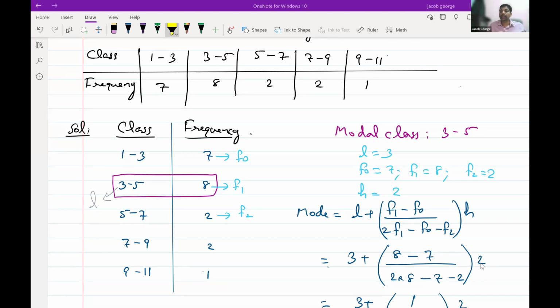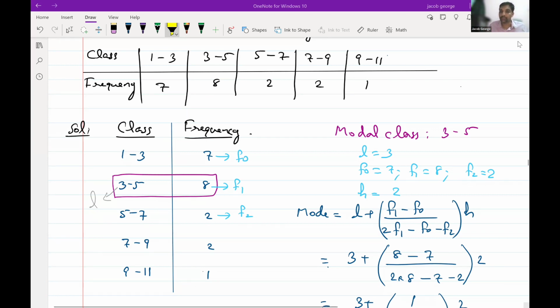Then that highest frequency we mark as F1. Just above the highest frequency, preceding it, is F0. So here F1 is 8, F0 is just above that highest frequency, that is 7. Just below the highest frequency is F2.